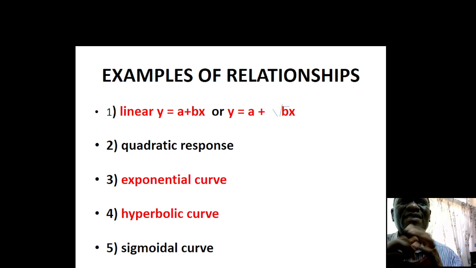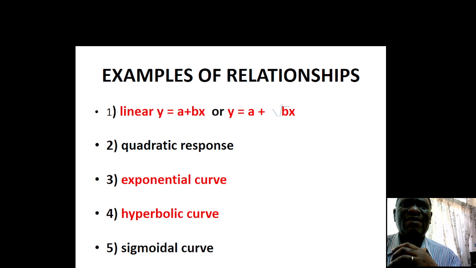Quadratic response is very rare, but you can get also exponential curve, which has been commonly reported. Hyperbolic curve, I'll also explain it. It has also been commonly reported. Then the sigmoidal curve.